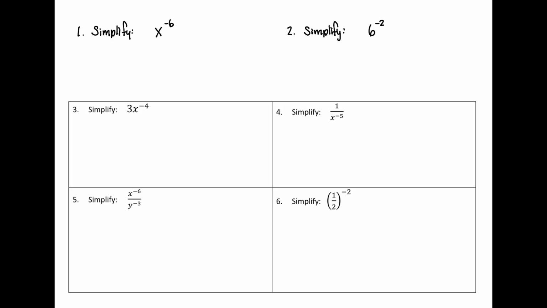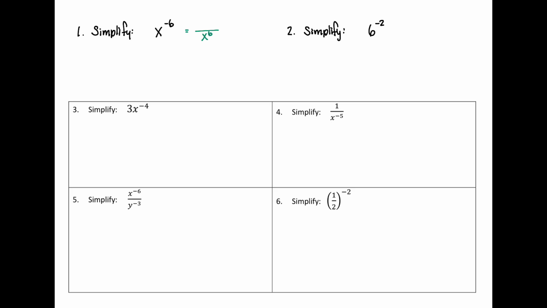All right, let's take a look at number 1. So all we have is a single variable to a negative power. If it's a single term like this, it's always over 1. It's always a whole number, so it's in the numerator. It's upstairs. So I need to move it downstairs and make it positive.